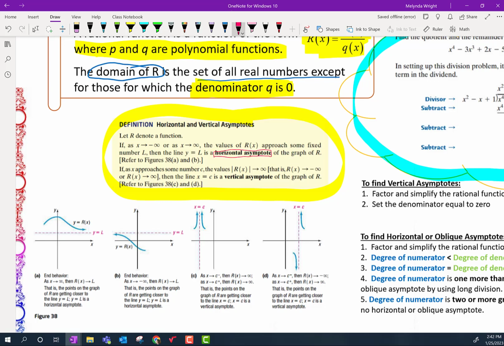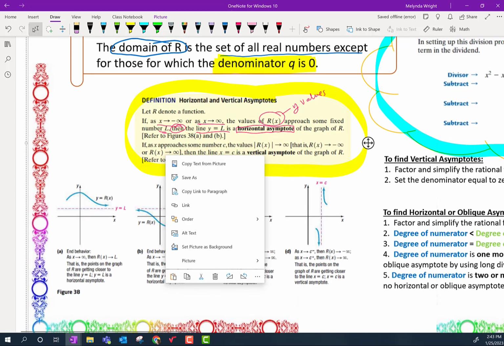For a horizontal asymptote, as x approaches negative infinity or positive infinity, the values of r, okay, these are y values, the y values approach some fixed number L, then the line y equals L is the horizontal asymptote. So let's focus on horizontal asymptotes for just a moment.